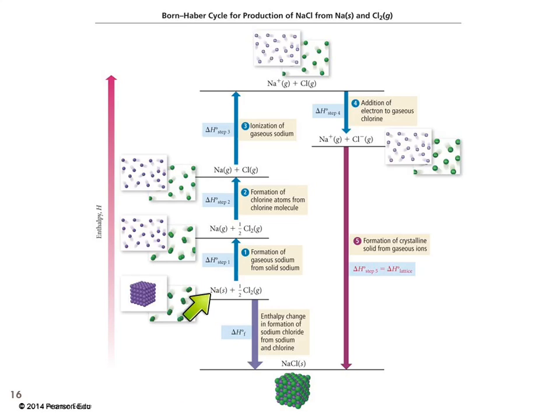Sodium in its standard state as a solid, chlorine in its standard state as a diatomic molecular gas. And so sodium plus 1/2 of a molecule of chlorine combine to form sodium chloride. And we can look that up in a table. We can also look up forming sodium gas from sodium solid, the difference from the standard state to this state. And we can look up the energy in the formation of chlorine atoms from the chlorine molecule to go to the atoms.